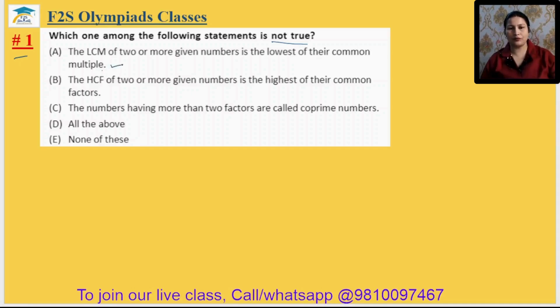Yes, it is true. The HCF of two or more given numbers is the highest of their common factors. Yes, true. The numbers having more than two factors are called co-prime numbers. No. Those are called composite numbers. Option C is wrong. First answer is option C.